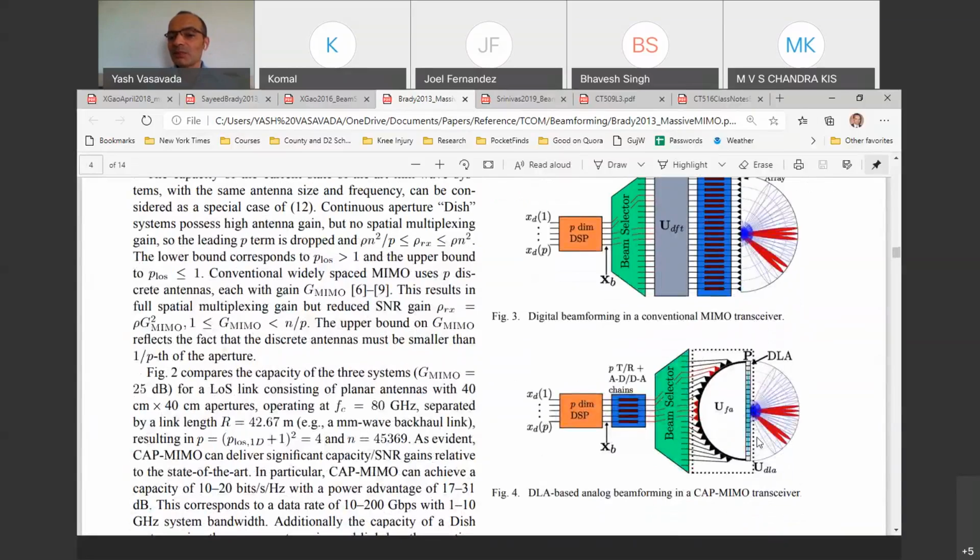256 RF chains, when I know that at a time only 5 transmitters are active. By doing this spatial DFT using this discrete lens array, they are saying that if I know that at a time there are going to be only 5 active users, I will need only 5 RF chains. I'll still get the same performance benefit that I get by making capital N very big.